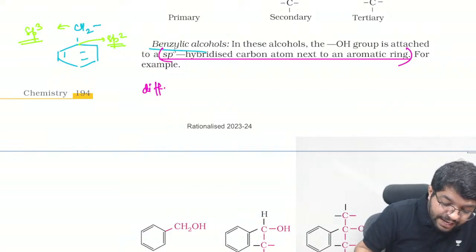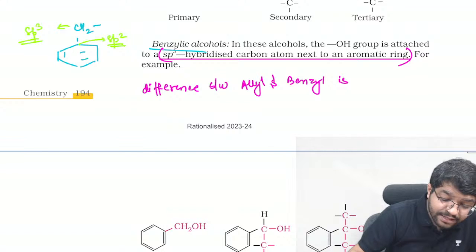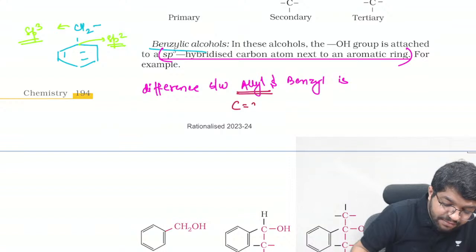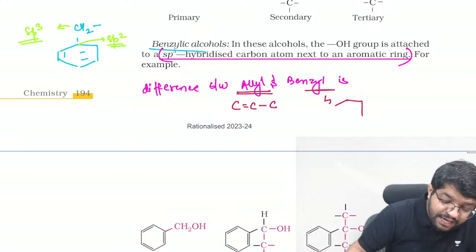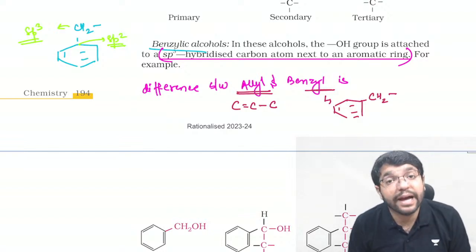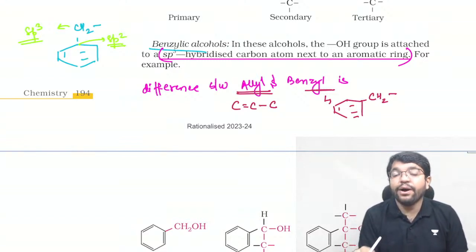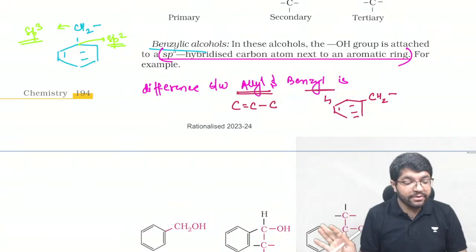What is the difference between allyl and benzyl? In allyl it is C double bond C with a carbon, and in benzyl it is benzene with a single bonded carbon. And this is how the difference between allyl and benzyl is made. Aryl is phenol. We will talk about that.